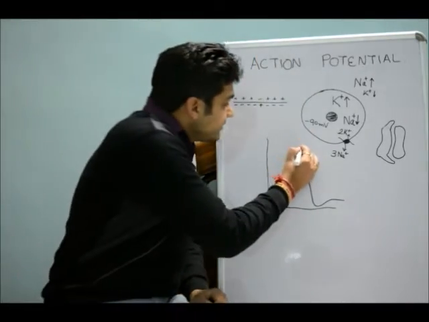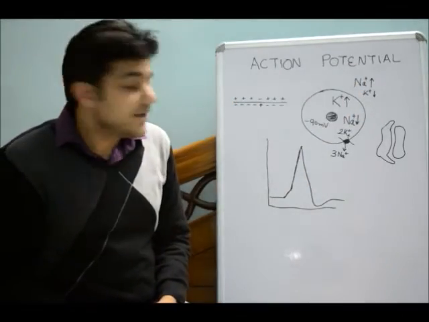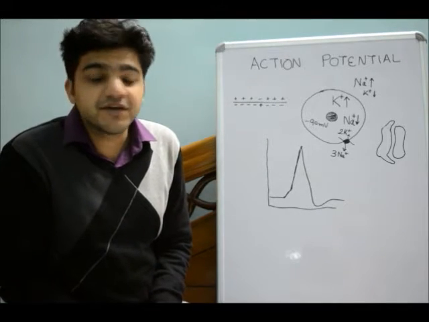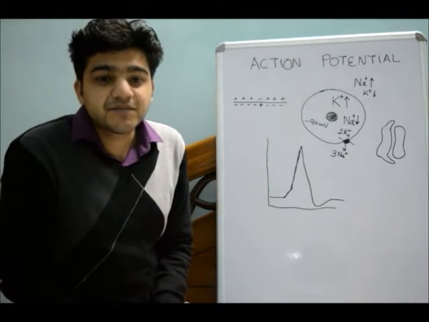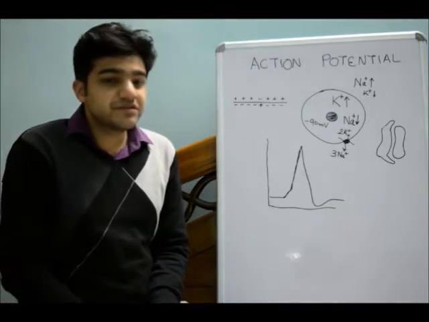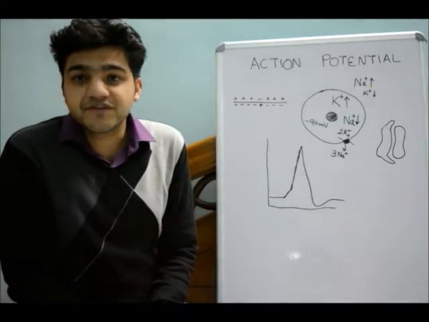And why does it not go further? Because a lot of sodium ions are entering inside, and how much further it can go is decided by a very important concept, a very important equation, that is the Nernst equation. The Nernst equation equates the electrical and the chemical gradient across the cell.